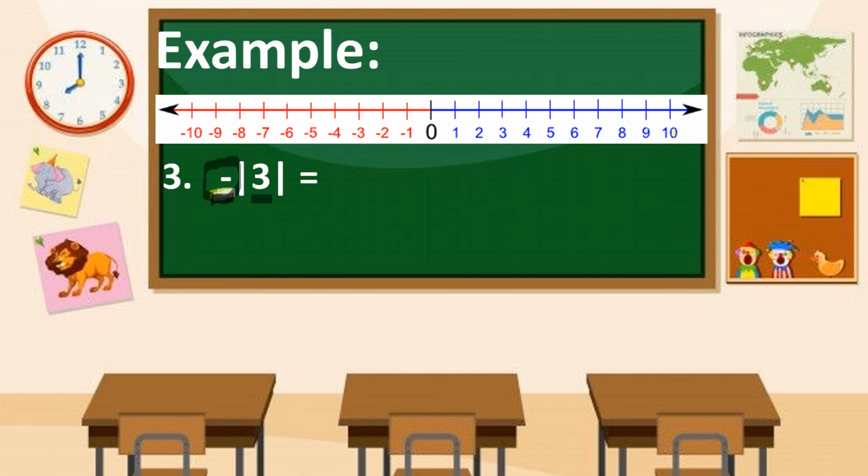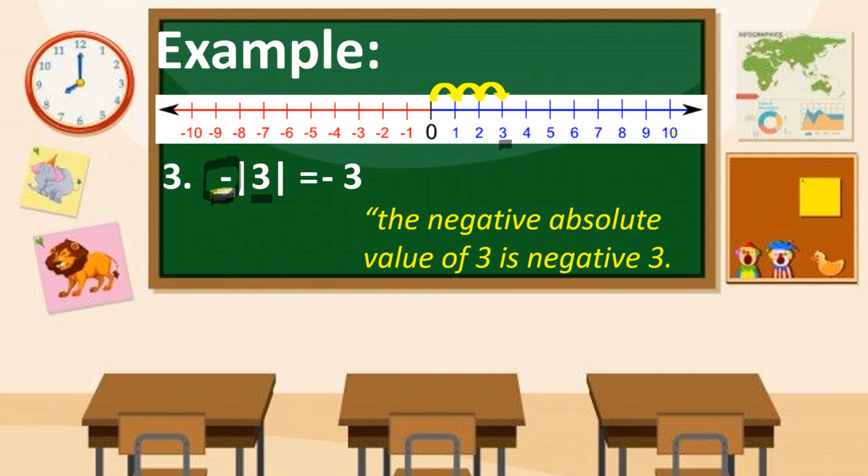From 0, bibilangin natin yung distance niya kay 3. So we have 1, 2, and 3. Therefore, there are 3 units. Copying the negative sign outside the absolute value symbol, we have here -3. Therefore, the negative absolute value of 3 is -3.